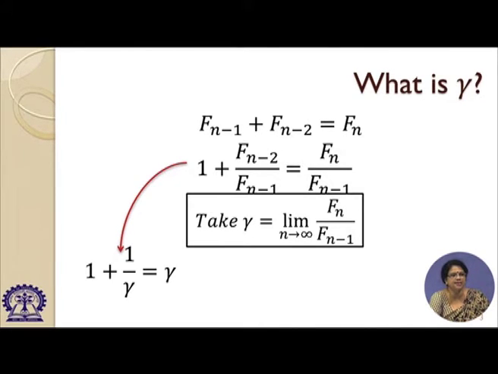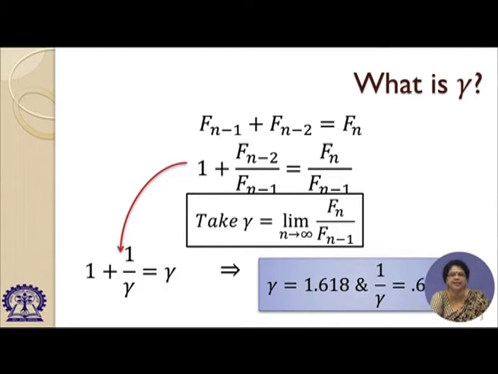Since this is a quadratic equation, we can get the value using minus b plus minus root over b square minus 4ac divided by 2a. Considering the positive value, the gamma value will come out as 1.618, and 1 by gamma will come out as 0.618. That is the beauty of it.